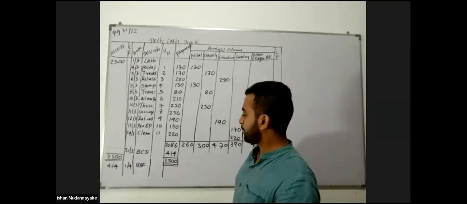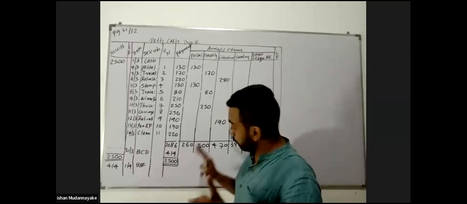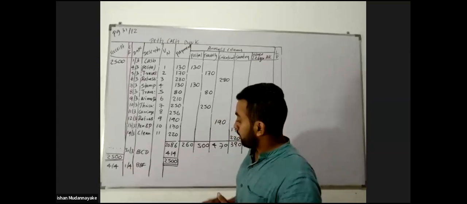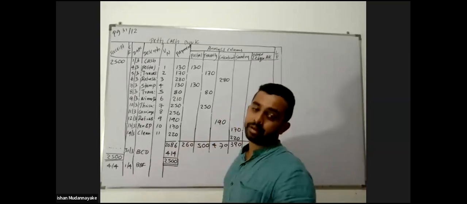Last month's total expense 2,086, reimbursed on 1st April. The remaining balance is 414.